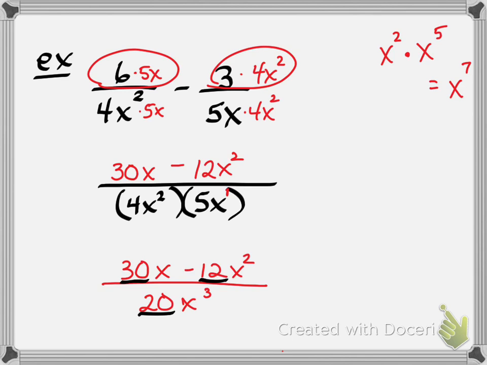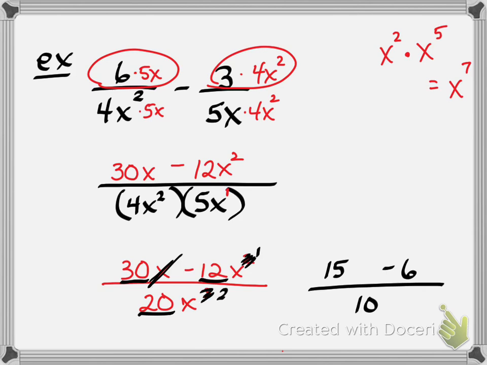So let's divide them all by 2. 15, 6, and 10. And then look at the x's. They all have an x. So we can take an x away from everybody, which makes that one go away completely. Makes this one go down to just 1. Makes this one become 2 of them.